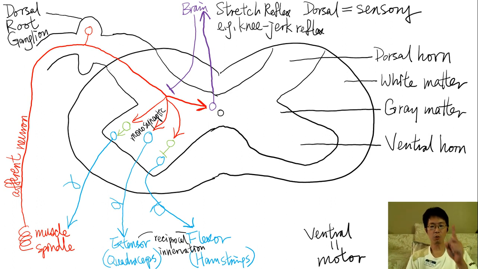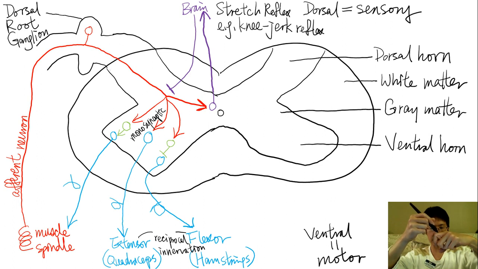One synapse here. So the action potential goes through this chemical synapse, and then you activate this alpha motor neuron to cause your extensor quadriceps to contract. When your extensor quadriceps contract, you will raise your leg up. That is the reflex.